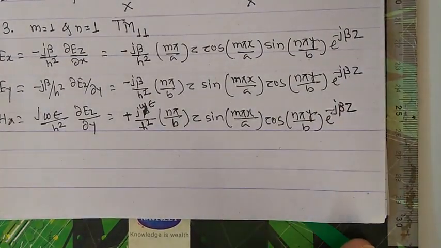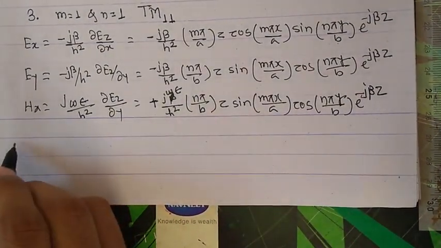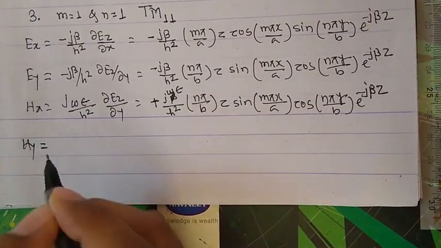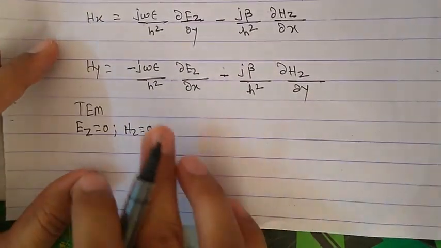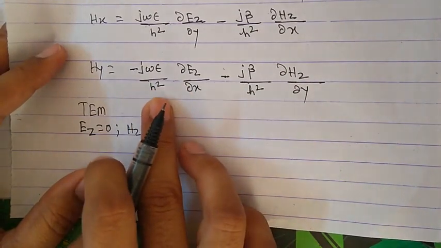And the last thing, which is Hy. So Hy is this time minus j omega epsilon by h square del Ez by del x.